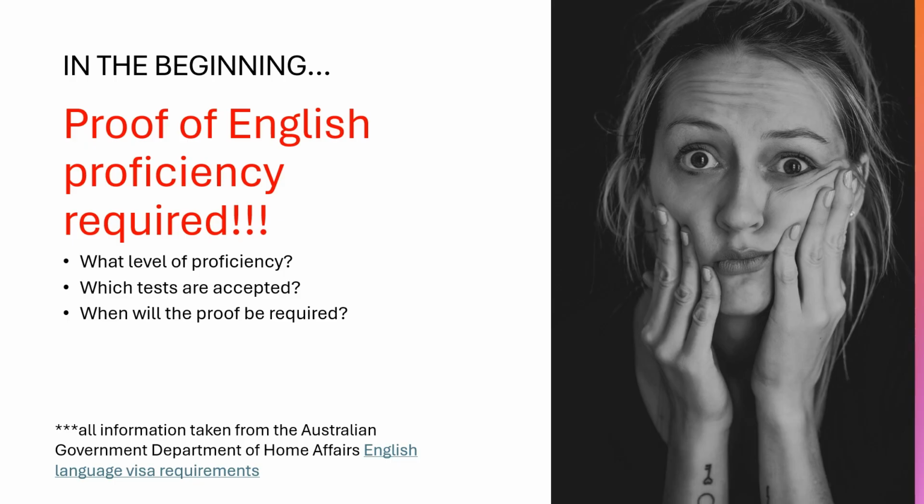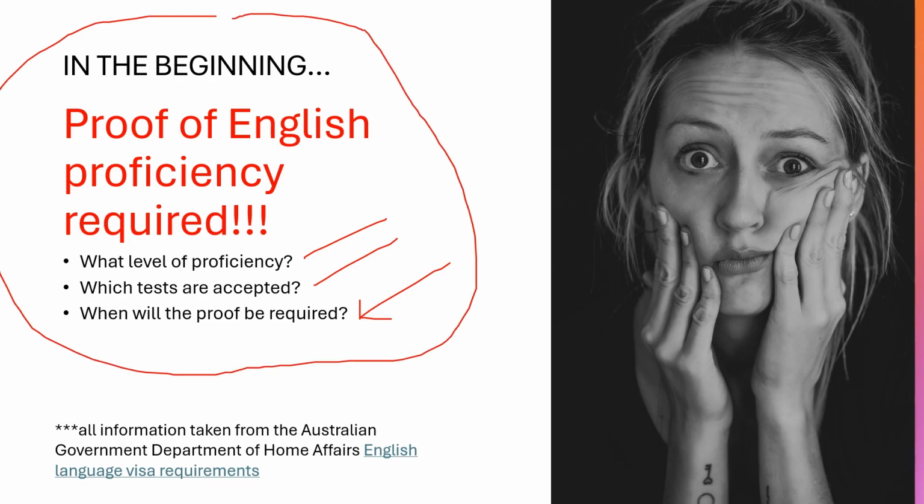So it's all very exciting, and then it suddenly gets very scary because what level of proficiency do you need? Which tests are accepted? And when will you need to show proof of proficiency? Okay? Again, this is purely from a visa standpoint. This is not from a registering body or university or professional body standpoint. This is purely from the visa side. Okay?